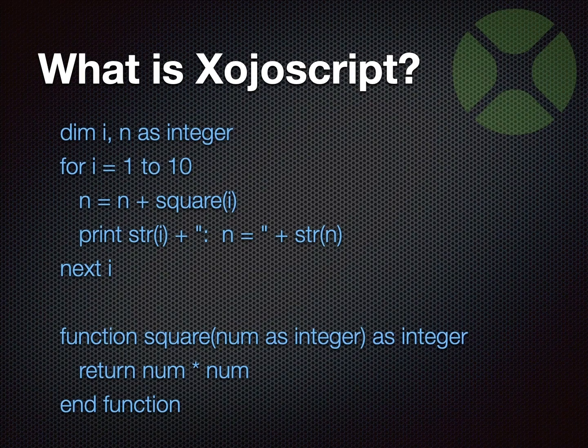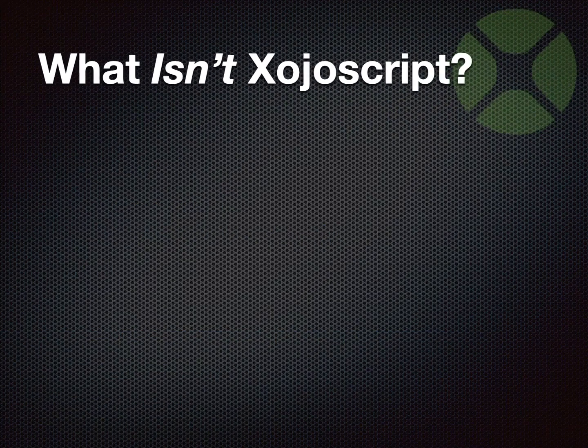And the actual XojoScript language is just the bare bones of Xojo, right? It's just for next loops, assigning variables, you can define functions, things like that, but it's just the bare language. What often gets confusing for people is they don't realize that you can't actually use a lot of what we think of as Xojo, like for example, the date object.